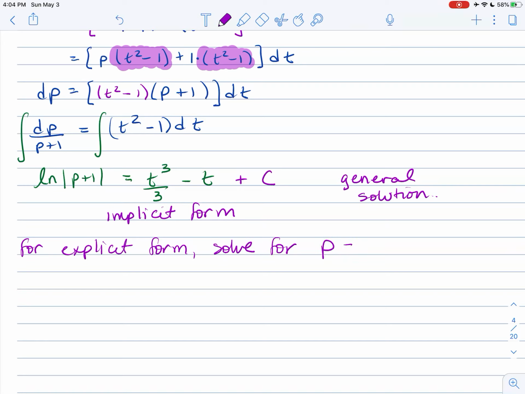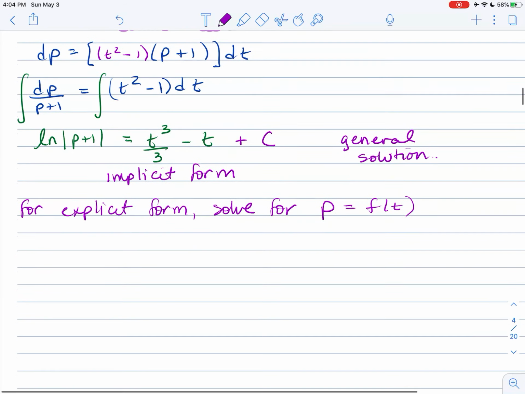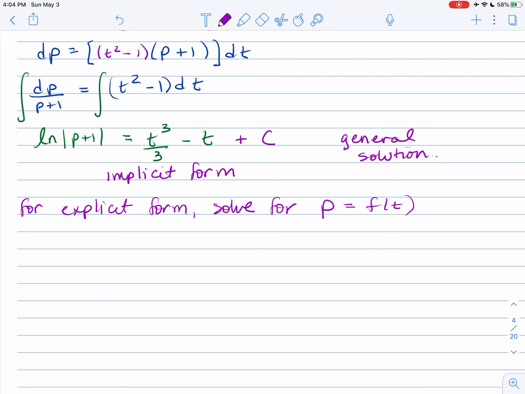Right, and p should be a function of t, right? So if we solve for p, then we would have to exponentiate on both sides, and we would get e to the ln of p plus 1 equal to e to the t cubed over 3 minus t plus c.